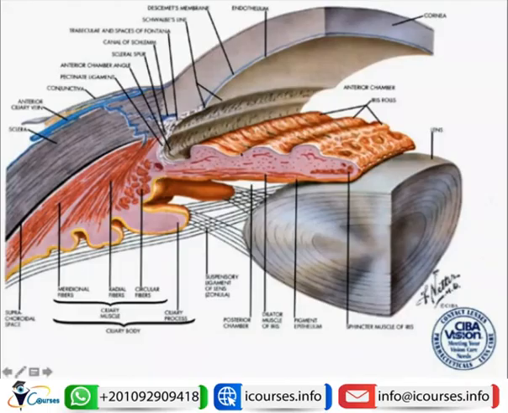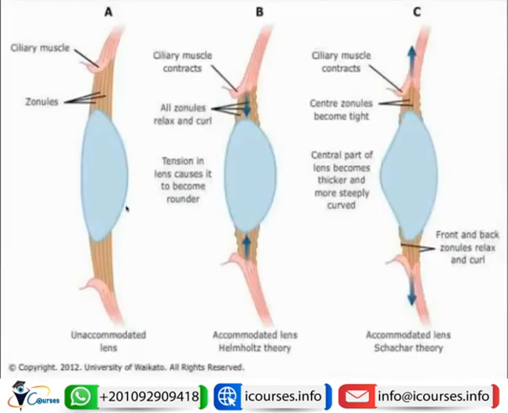By its contraction, this leads to relaxation of the zonule, leading the lens to acquire a more globular shape, while the radial fibers interconnect both parts together to prevent tearing of the muscle. So this is what I was talking about.